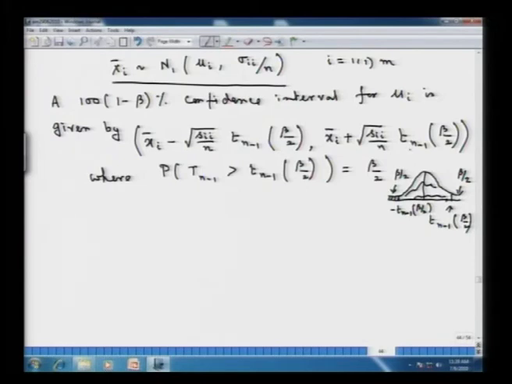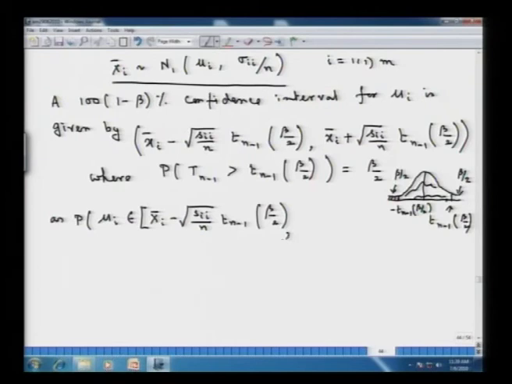So, we will have this as the confidence interval, with this as the probability that mu i belongs to the random interval. In terms of the random interval, this is xi bar minus square root of Sii by n t n minus 1 beta by 2, to xi bar plus root over Sii divided by n times t n minus 1 beta by 2.